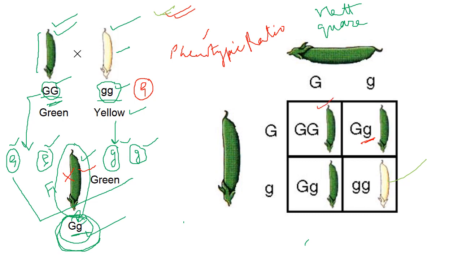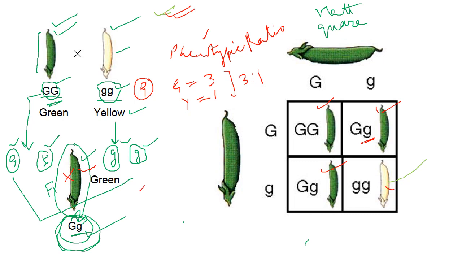We have one green, this again green, and this again green. So green color we have 3 and yellow color we have 1. So based on this we have the phenotypic ratio of 3:1.